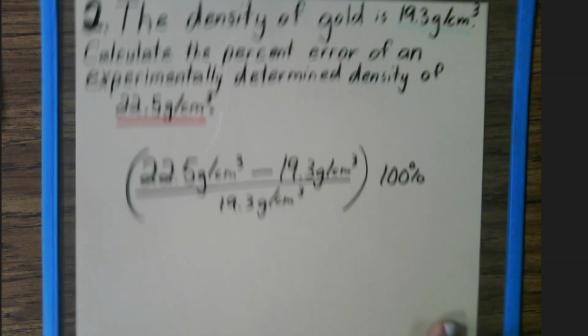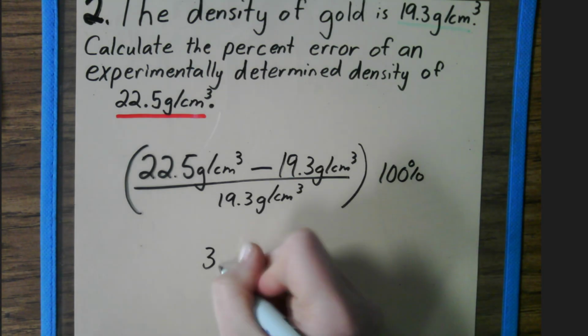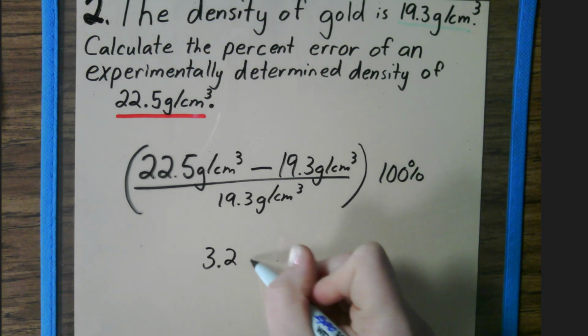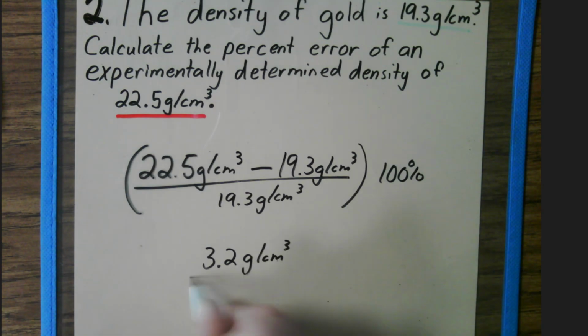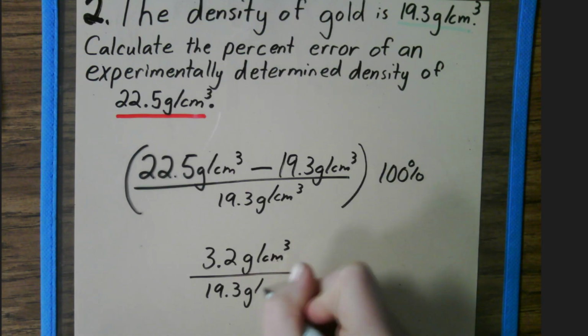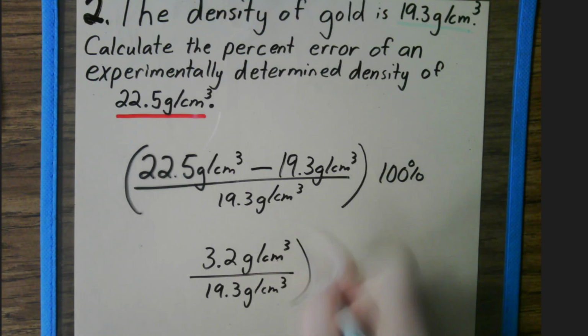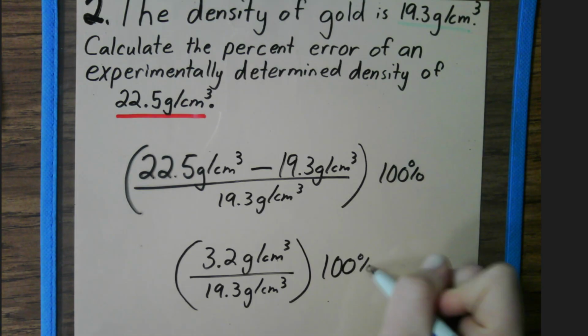So let's work out the math. 22.5 minus 19.3 is equal to 3.2 grams per centimeters cubed over 19.3 grams per centimeters cubed. Then you multiply all that by 100, but we haven't gotten there yet.